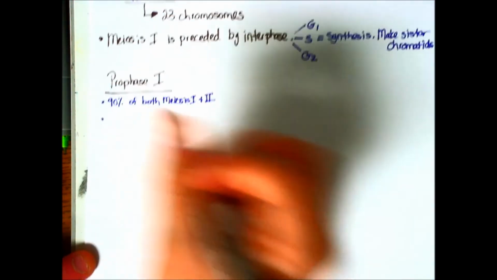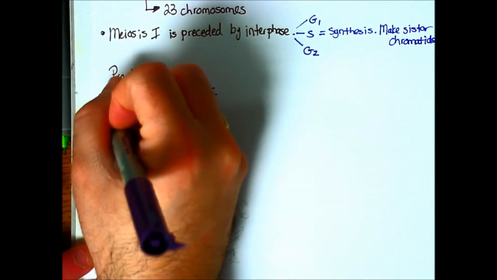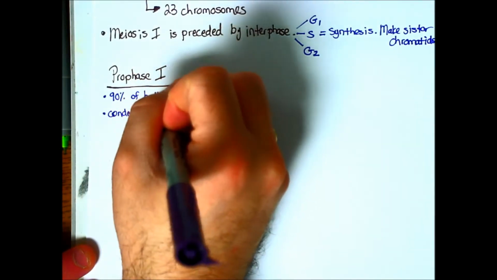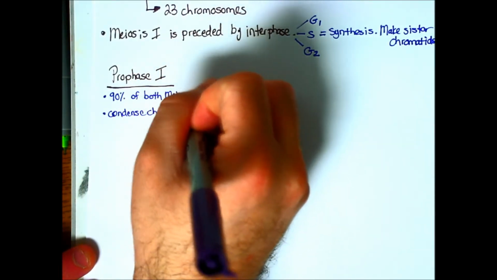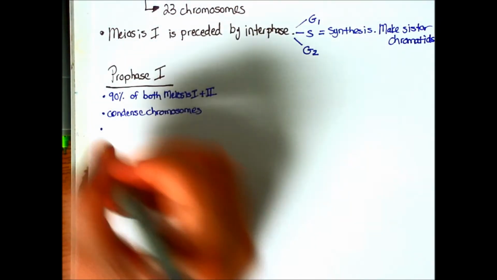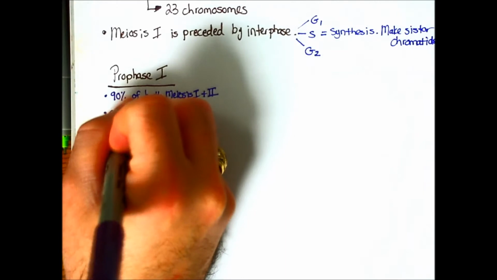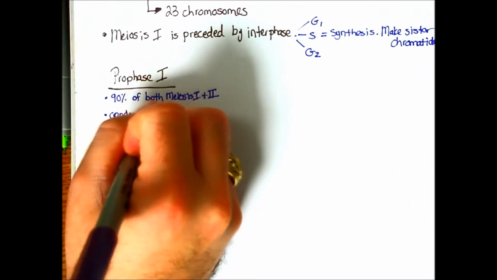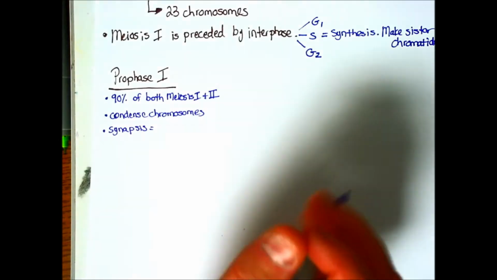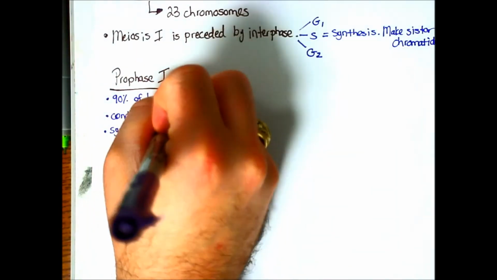It's a phase in which we observe the condensing of the chromosomes, which we've noted before in prophase. But it's also a very important time in which you observe a synapsis. This is where your chromosomes, the two sets of sister chromatids, the homologous pair, line up.